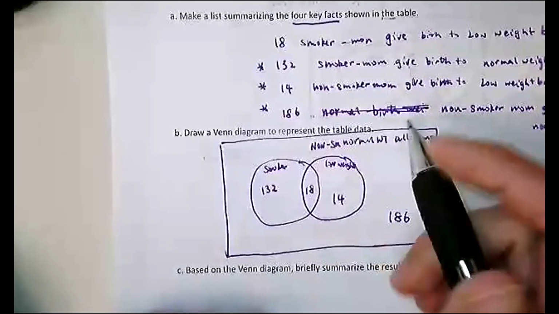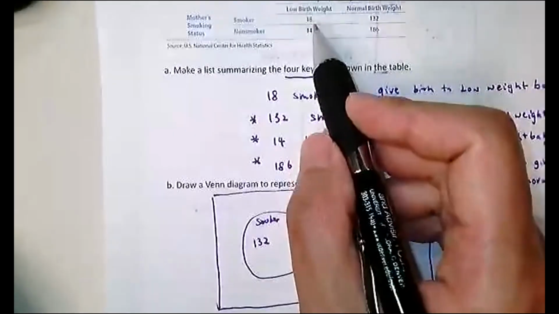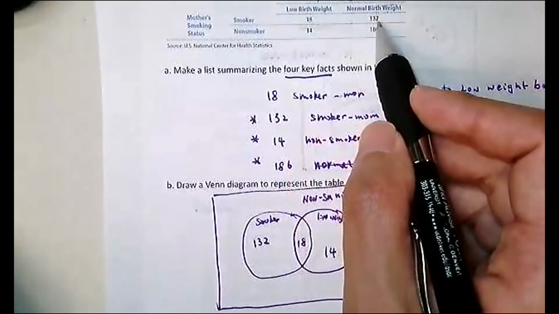Okay, so let's write the calculation exactly. How many smokers do we have? 18 and 132, right?